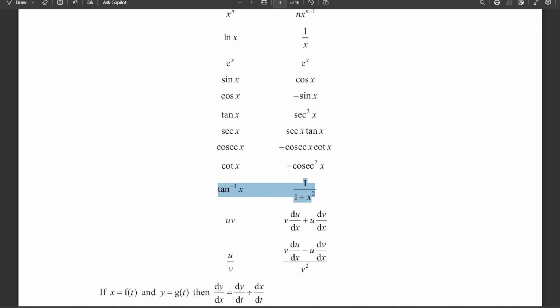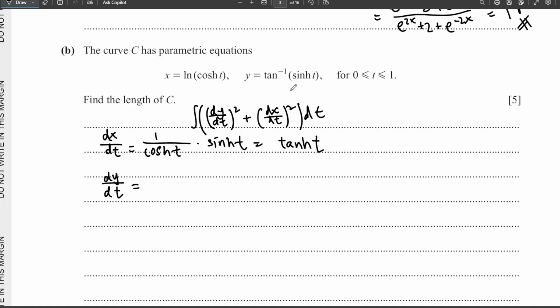So the x in our case will be the hyperbolic sine. So there will be 1 over 1 plus hyperbolic sine squared t, and of course we need to multiply by the derivative of the inside function, which is the hyperbolic sine, which gives us a hyperbolic cosine.